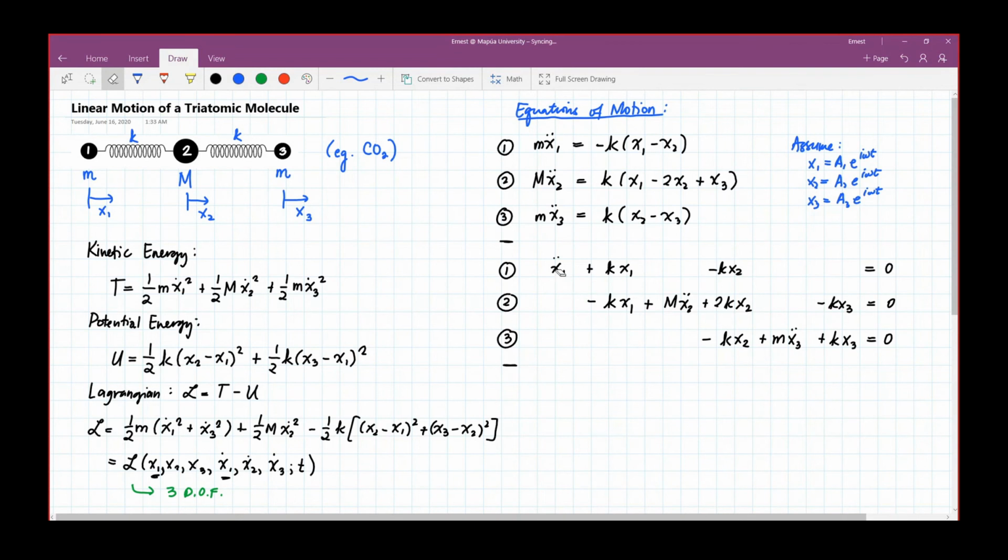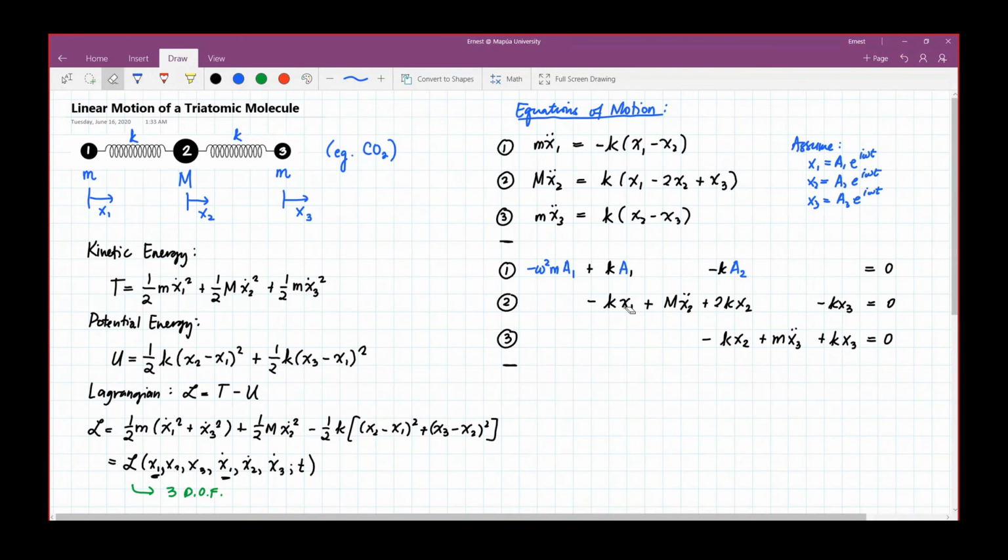So the first equation becomes negative omega squared m a1, plus k a1, minus k a2.